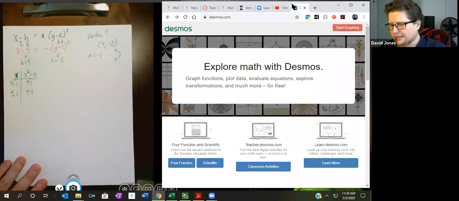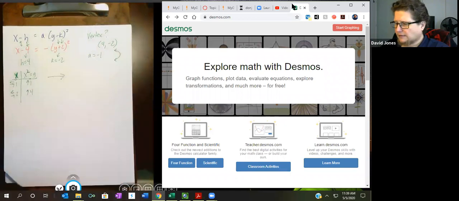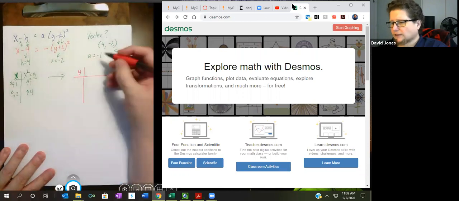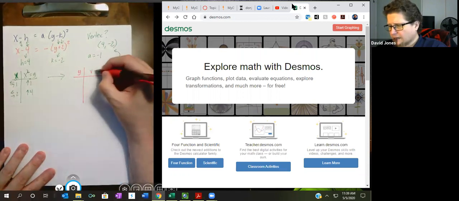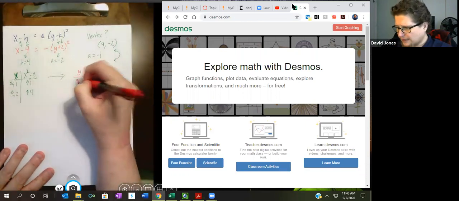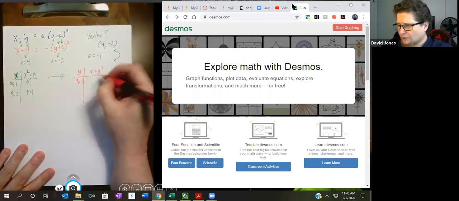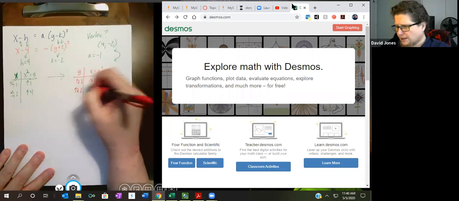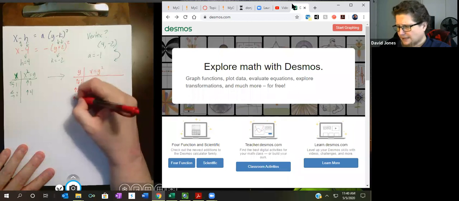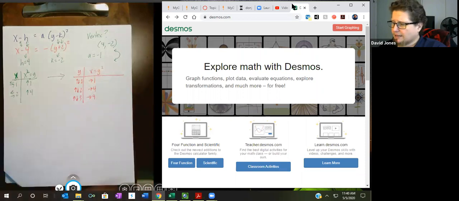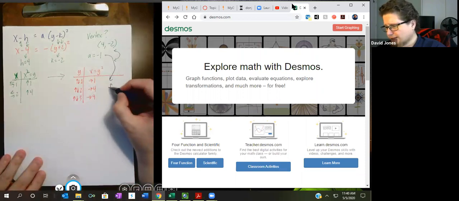What happens here is the order switches. The base thing for x equals y squared, if this goes up or down 1, when a equals positive 1, this goes right 1. And if this goes up or down 2, this goes right 4. And also up or down 3, this goes right 9. The a equals negative 1 is going to flip this.